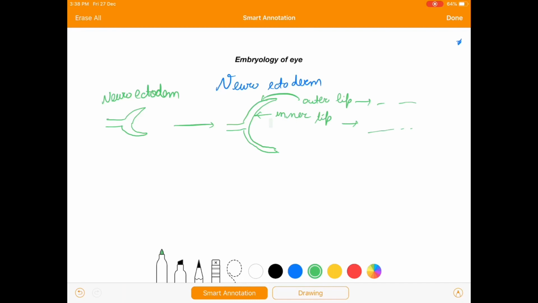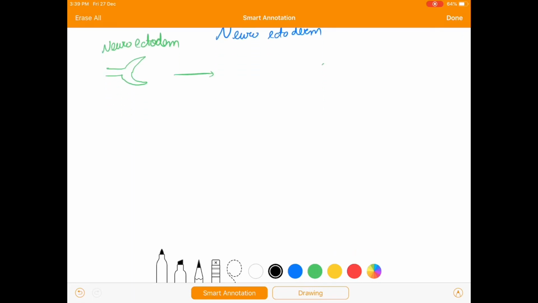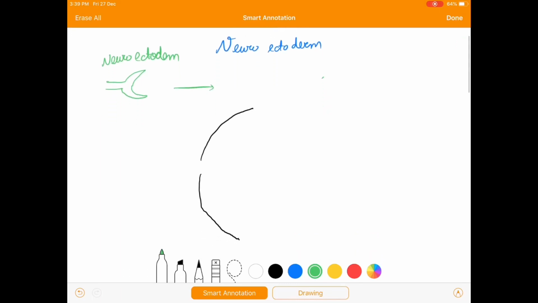So to make it easy, I am drawing these lips in different colors. Okay, let me erase this. So let us draw the outer lip with black, here in between, and the inner lip with green.